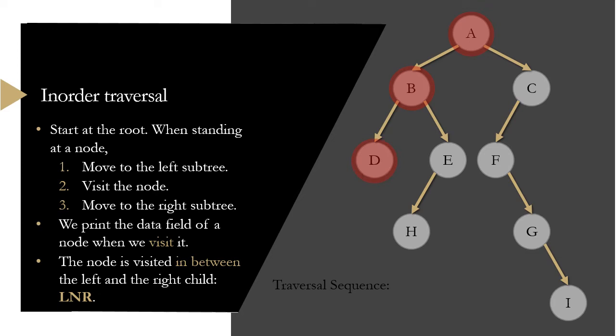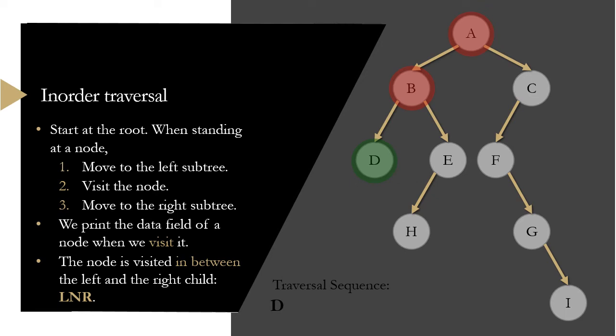I come to D. Does it have a left subtree? No. Go to step 2. Visit the node. So I print D. Does it have a right subtree? No. Now everything that we were supposed to do for the node D is done.